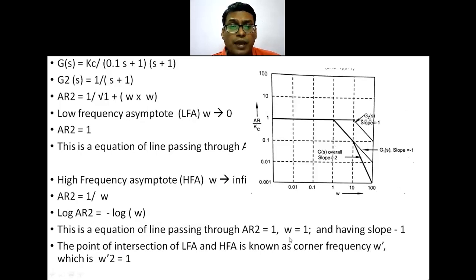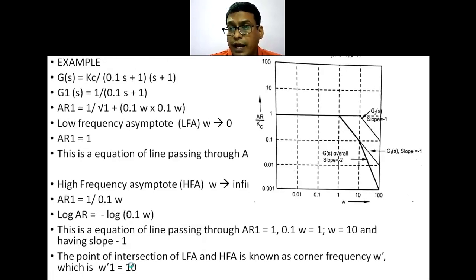So omega comes as 1 in this case, amplitude ratio 2 equals 1, this is nothing but omega 2 that comes as 1, and in the first case the corner frequency comes as 10.